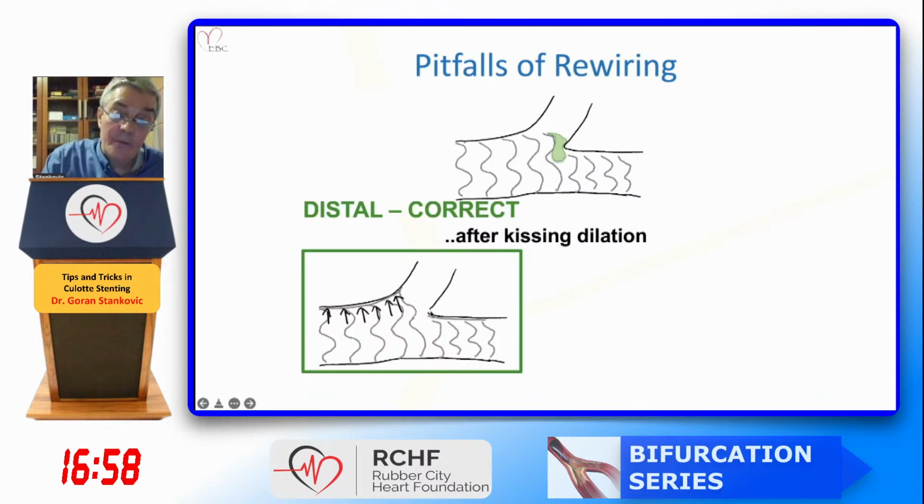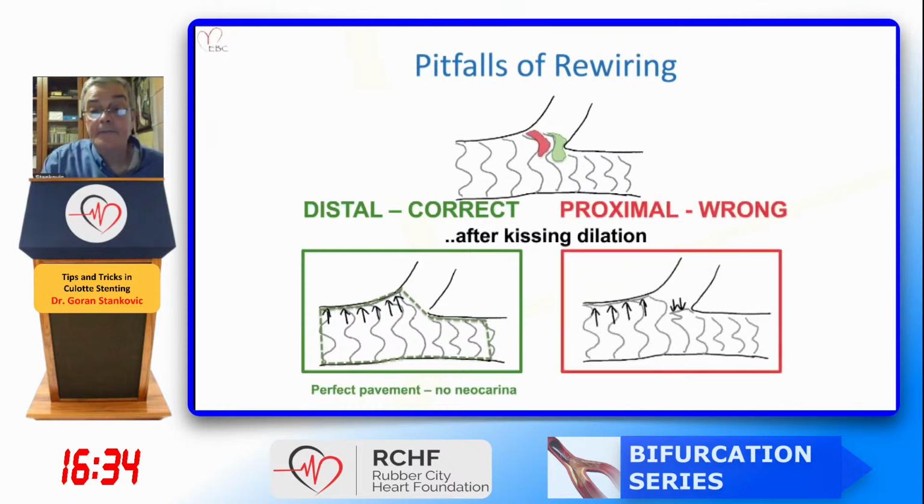Sometimes you can stop at the ostium in this kind of configuration without major protrusion, but even if you wish, you can intentionally go with either a short TAP or you prolong protrusion more just to touch the opposite wall and you do mini culotte. So this is like a good, perfect pavement without neocarina.